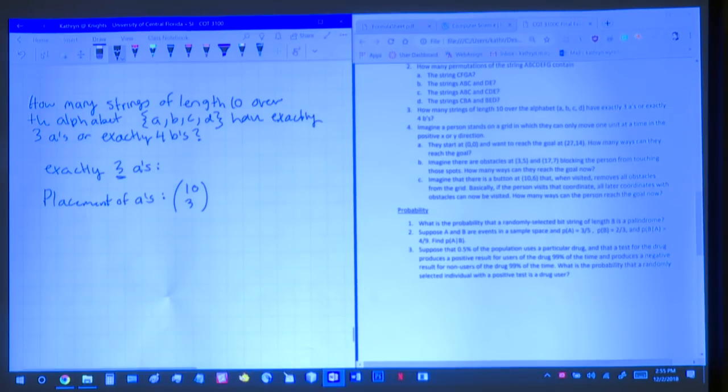And then all other spots on the string have 3 options. They could either be B, C, or D. They can't be A because then that wouldn't fall into our exactly 3 A's.